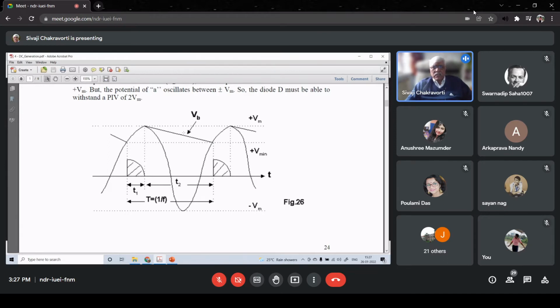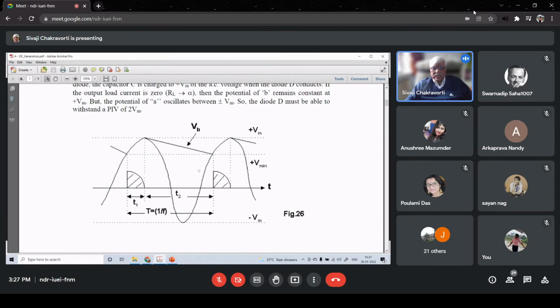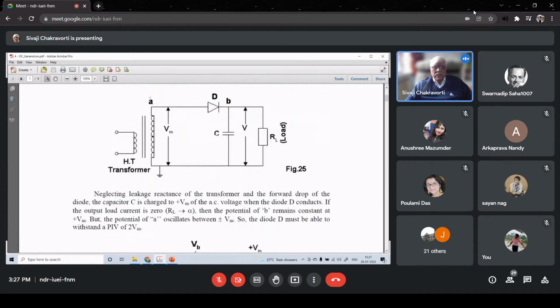This voltage is shown as VB. Then in the entire negative half cycle, diode D is reverse biased. And then in the positive half cycle, again the voltage starts increasing. That means the potential of terminal A starts increasing.